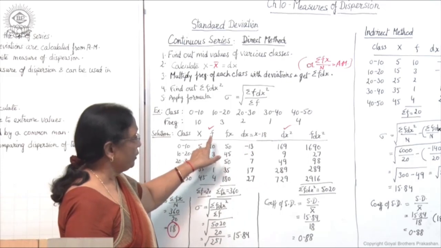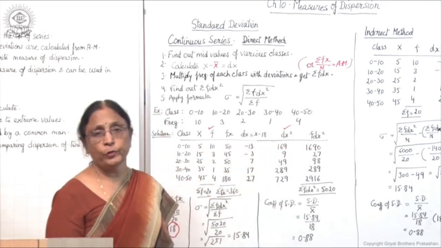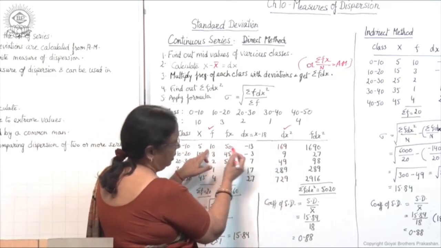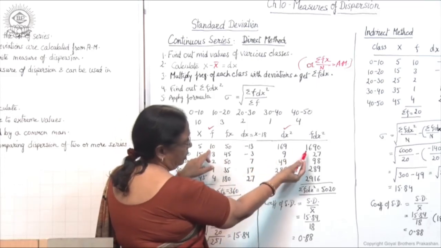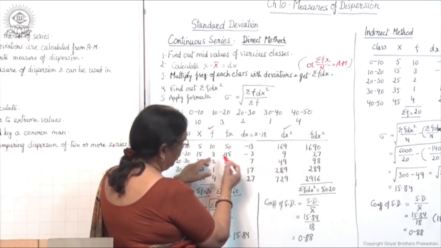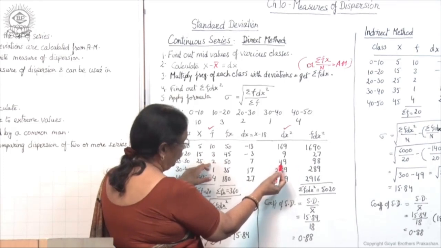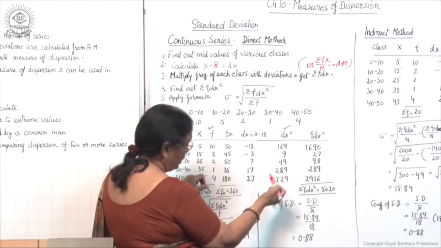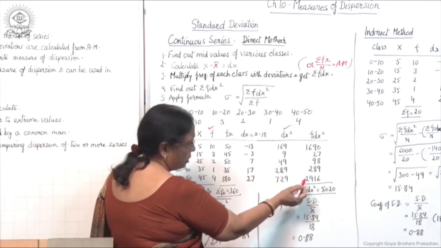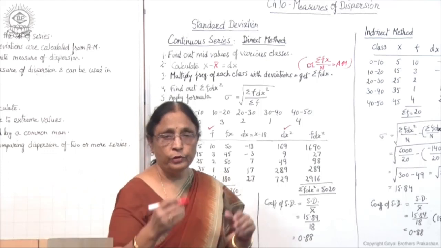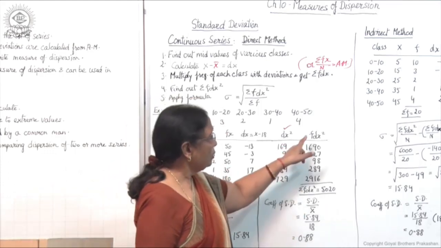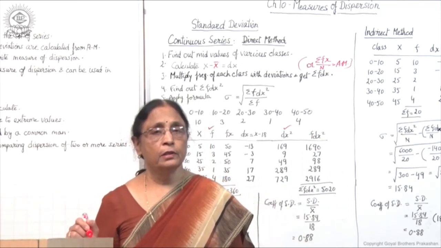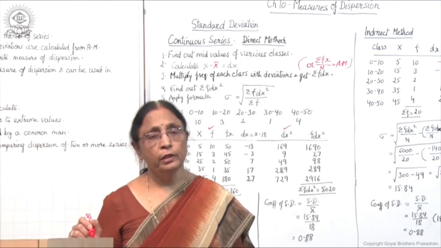So multiply this column with frequency: 169 into 10 is 1690, 9 into 3 is 27, 49 into 2 is 98, 289 into 1 is 289, 729 into 4 is 2916. So this way you get the value for f dx square, right. Multiply each item with the corresponding frequency.